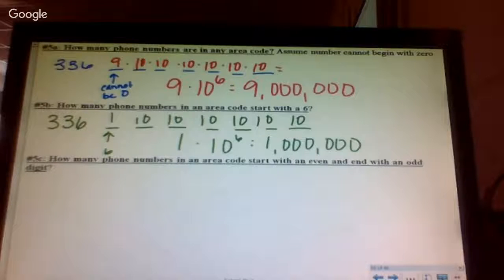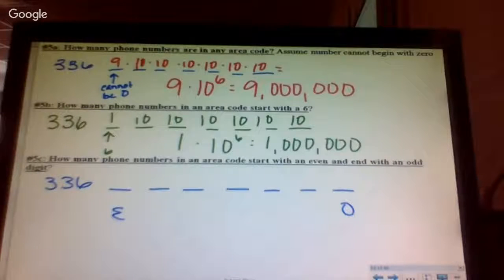You have to think about what it's asking you. How many phone numbers in an area code? So again, we're still in the 336. This has to be even. This has to be odd. How many even numbers do I have? 0 is not counted. 0 is neither even nor odd.